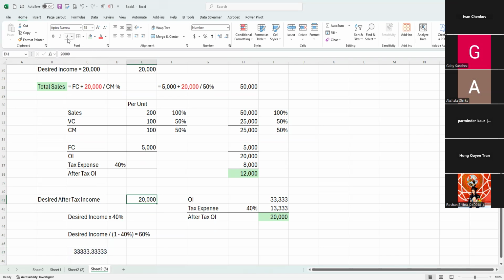Can you guys see it? So if I get $33,333, once I apply 40% taxes, I'm going to get 20,000. What do you mean no? Am I getting 20,000 after taxes? Oh, yes. Yes, sir. So how is it no?